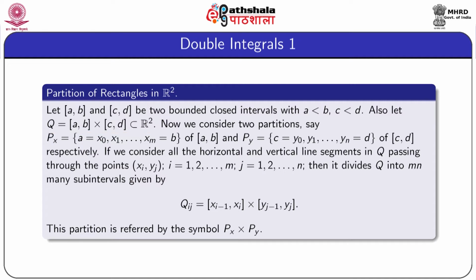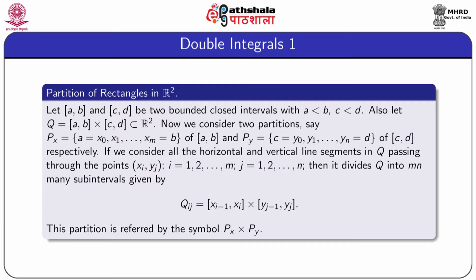Now we consider two partitions, say Px: a equal to x0, x1, up to xm equal to b of [a,b], and Py: c equal to y0, y1, up to yn equal to d of [c,d] respectively.